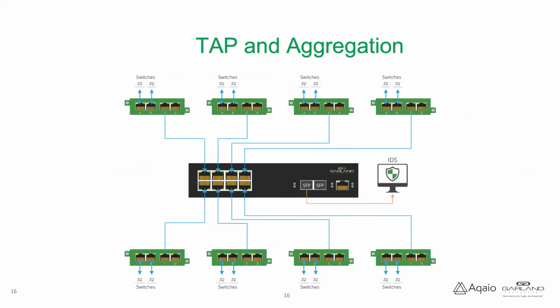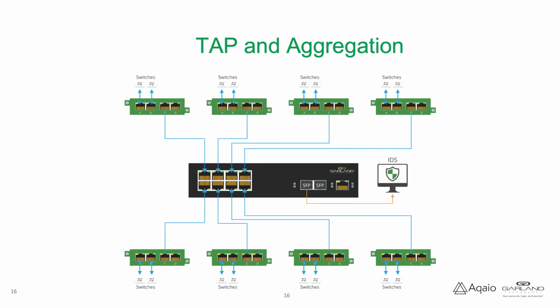The other way that we do often use this product is to aggregate on top of taps themselves. So in some lower cost environments and small environments, I can take a tap that is between multiple different switches, PLCs and switches. I can aggregate that data and bring it up to this box, and I can use the other variant of this that stops me inducing traffic back.